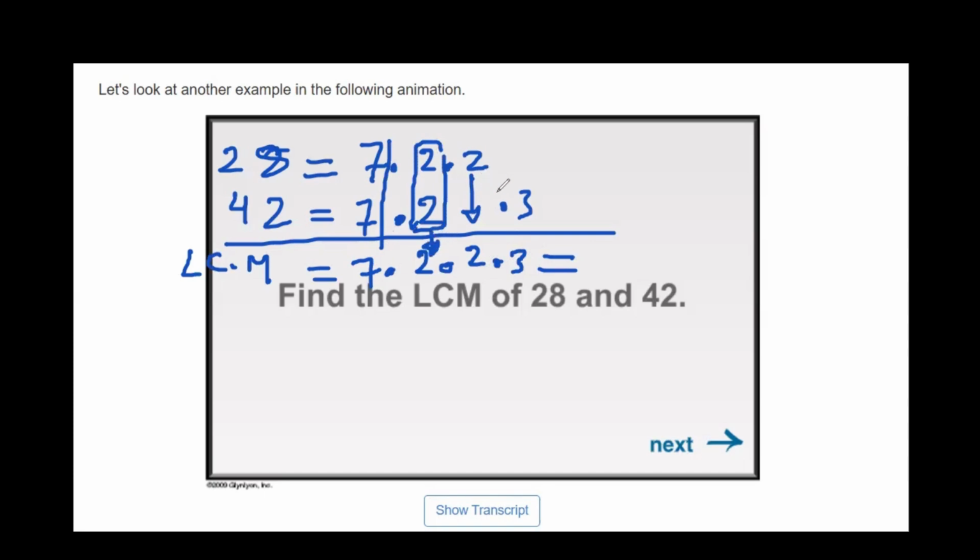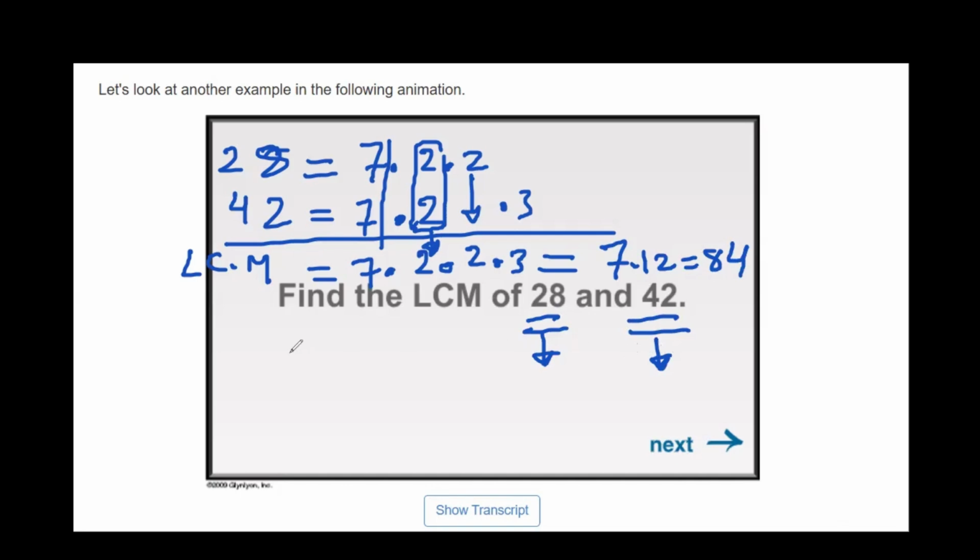But the factors not repeated, not common, we multiply by it too. 7 times 2 times 2 times 3: 3 times 2 is 6, 6 times 2 is 12. So 7 multiplied by 12 is 84. So this is the least common multiple between 28 and 42.